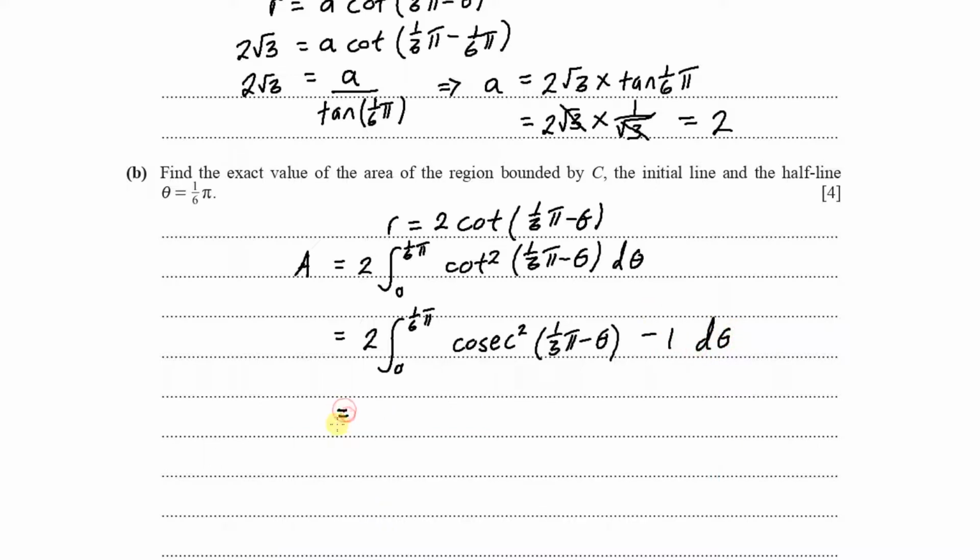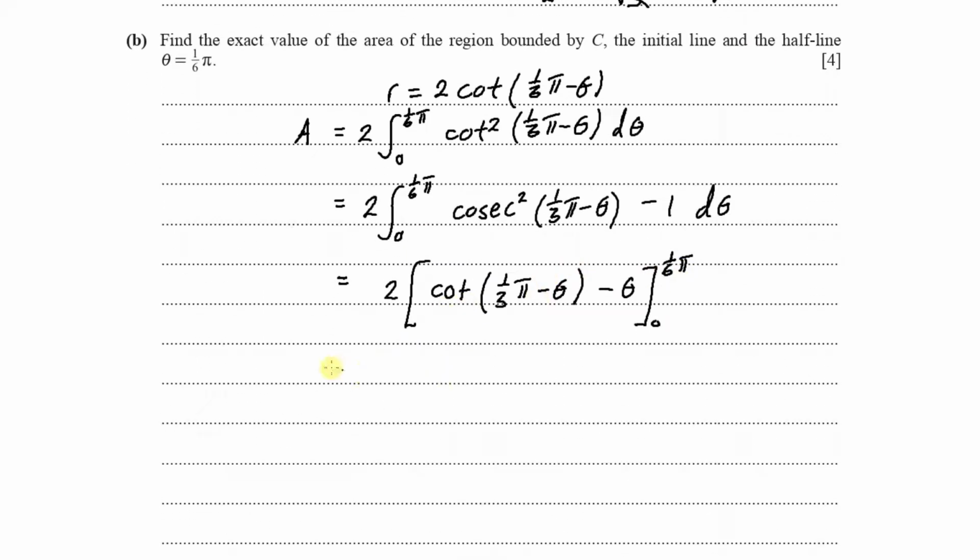Now we know that if we integrate cosec²(π/3 − θ), we are going to get cot(π/3 − θ), and integrating 1, we get θ, with the limits 0 up to π/6. Now I can substitute π/6. Let me scroll down first.